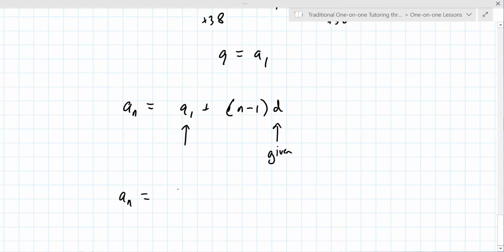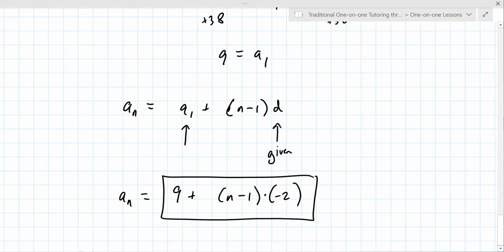So an is 9 plus parentheses n minus 1 times -2. And this is your box, that's what you're entering. You got to find a1, you got to find d, but d is given.